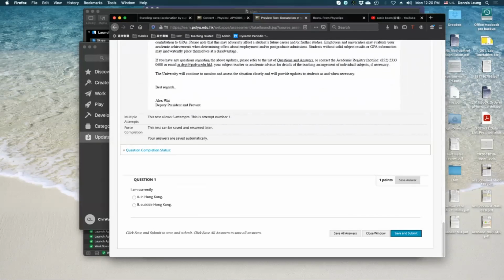If you are outside Hong Kong, we would make corresponding arrangements for online invigilated examinations. If you are in Hong Kong, you would be taking the examination in PolyU campus.